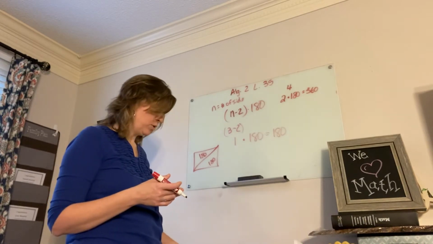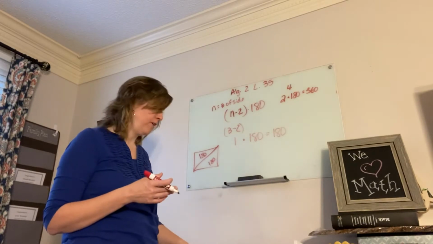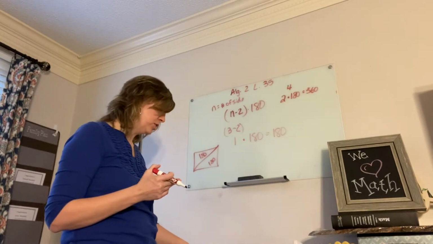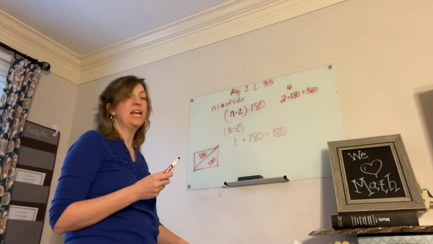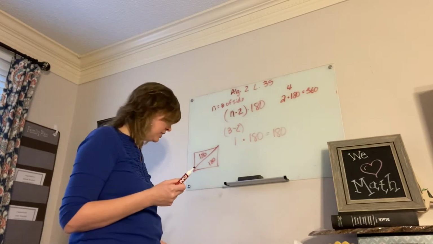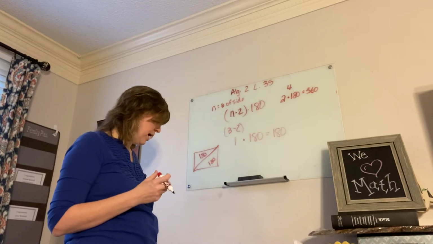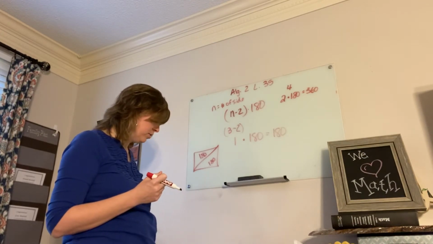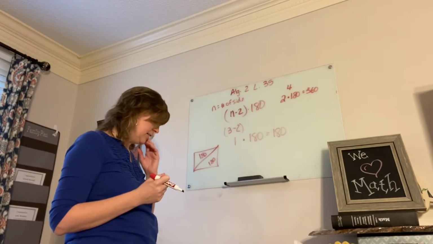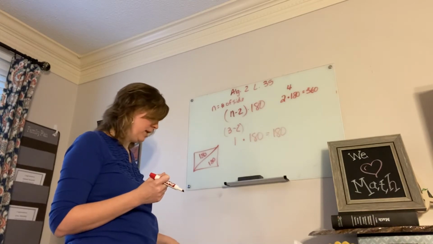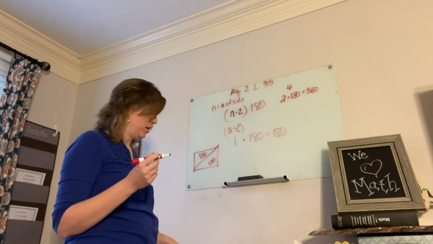That is on page 159, and it is in boldface. The sum of the measures of the exterior angles of any polygon is 360. So that's very important.